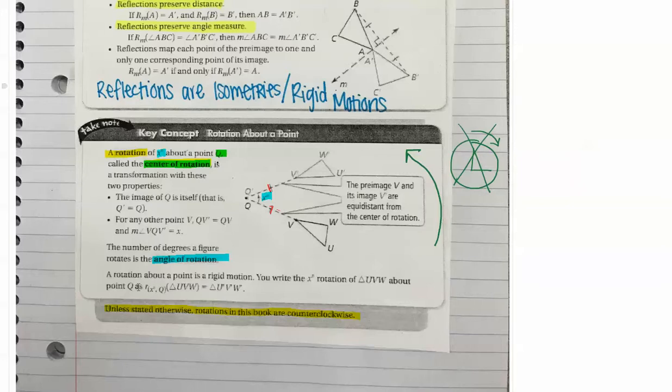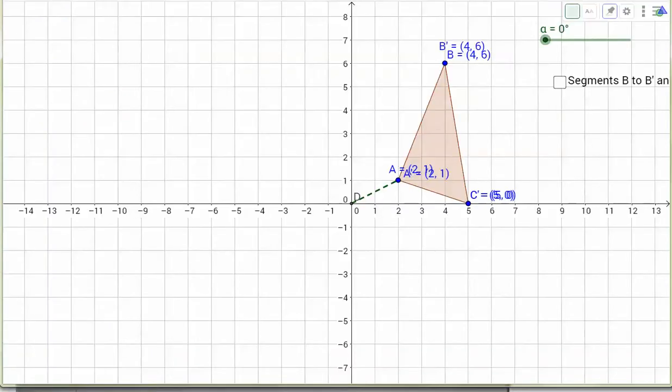Now I'm going to go to the second GeoGebra link, number 2. What we have here is something similar, but it's going to go counterclockwise, and we're looking at it in the coordinate plane.